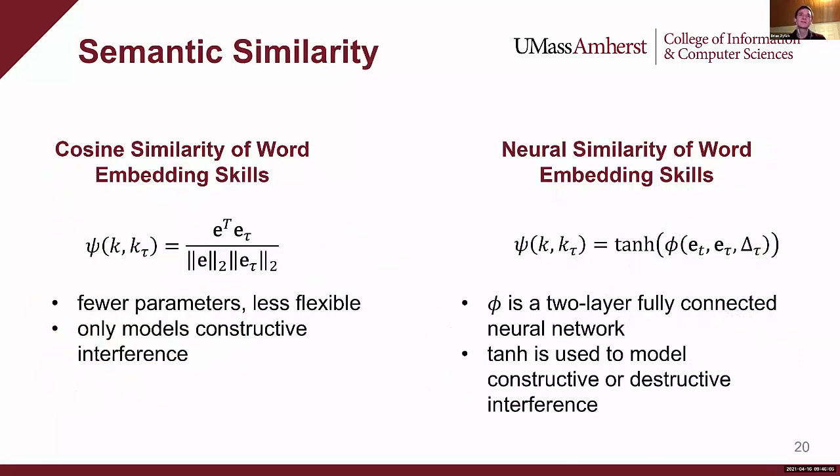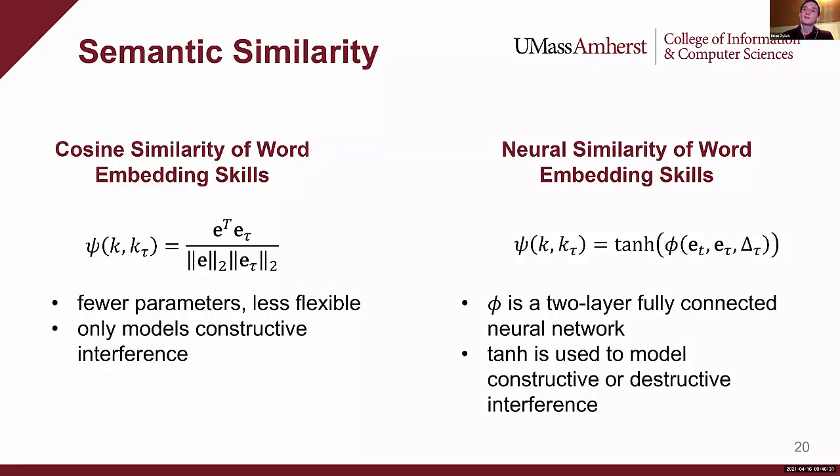So the first semantic similarity function that we use is cosine similarity. This is a simple approach, but it only models constructive interference. And one disadvantage is that it's less flexible. These semantic word embeddings are derived from a language modeling setting, but we're looking at more of a memory setting, and so these might not line up.